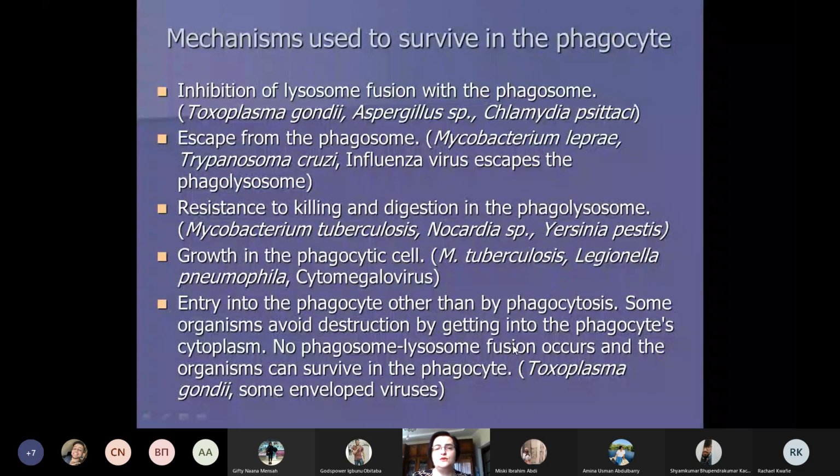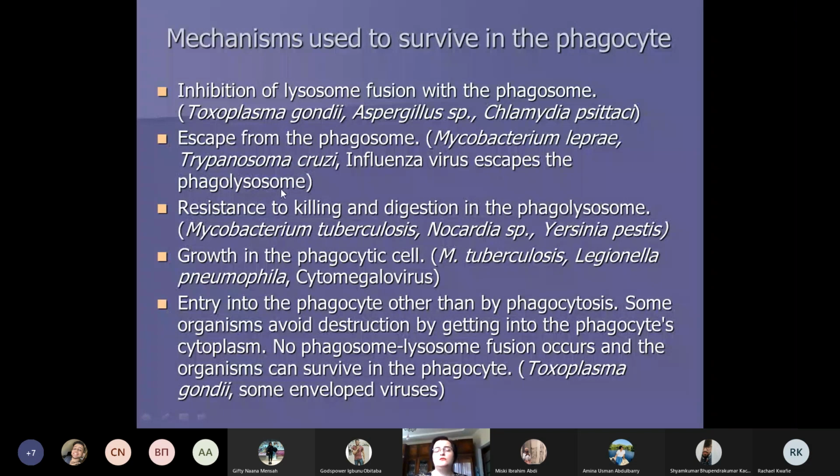Mechanisms used to survive inside the phagocyte. Inhibition of lysosome fusion with the phagosome is characteristic of Toxoplasma gondii, Aspergillus, and Chlamydia. Escape from the phagosome is characteristic of Mycobacterium leprae, Trypanosoma cruzi, and influenza virus.